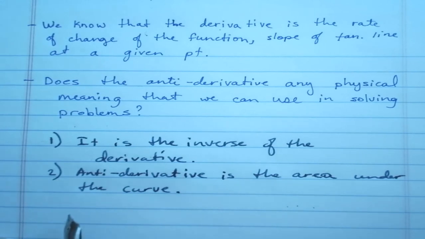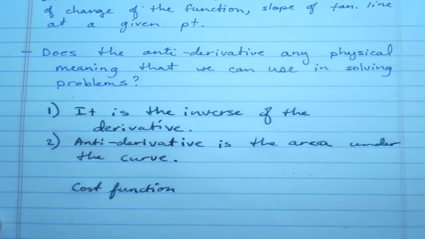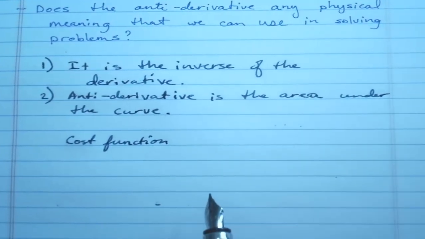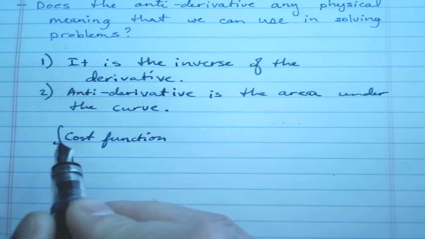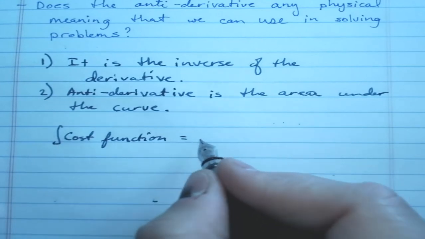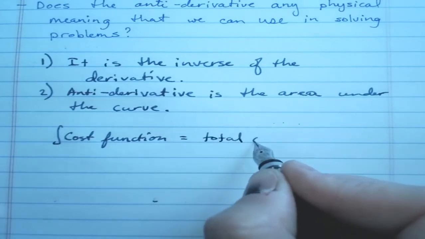Well, if I give you a cost function, right? That cost function is going to tell you the cost of producing a product at a given moment in time. Okay? The antiderivative of that cost function will be the total cost.